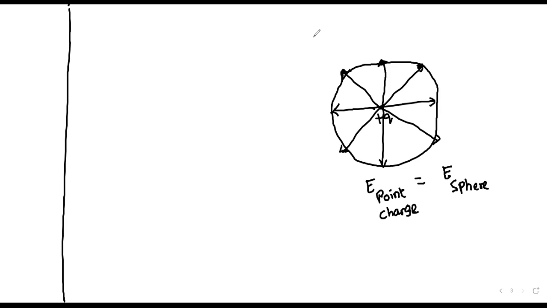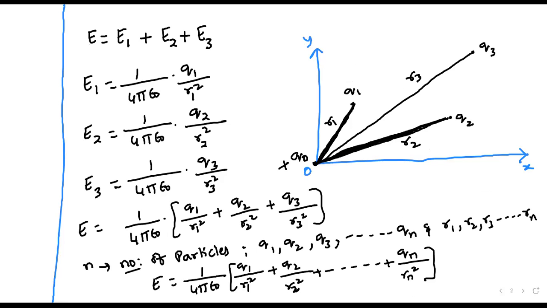That means we know the electric field due to a point charge and a system of charges. System of charges means we may have more than one particle.